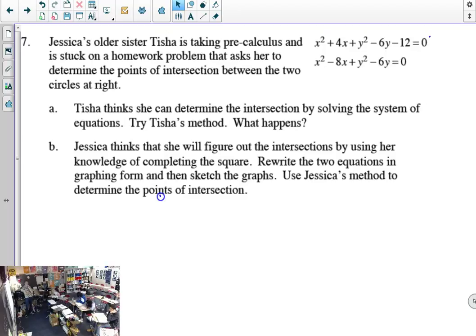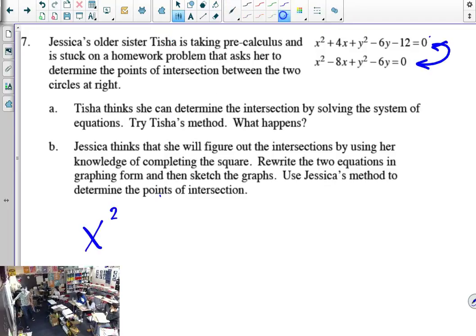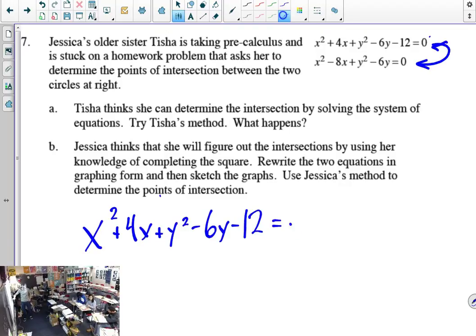First I took the 12 to the other side of the equation. They're both equal to 0. You can substitute, they're equal to each other. So then most of it cancels out, like the x squared, y squared, and negative 6y. So it's just 4x minus 12 equals negative 8x. So then you bring 12 to the other side.